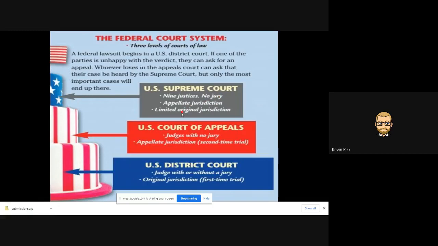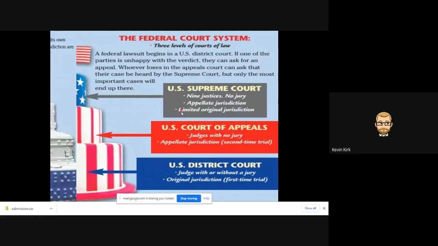And remember, there are 3 kinds of limited original cases. If somebody or a government sues the president or the executive branch, if a state in America sues another state, or a case from a state Supreme Court can go up to the U.S. Supreme Court. Those 3 kinds of cases are called limited original.